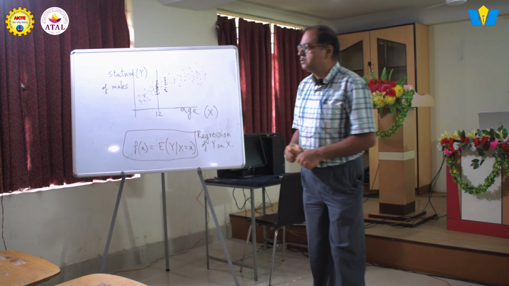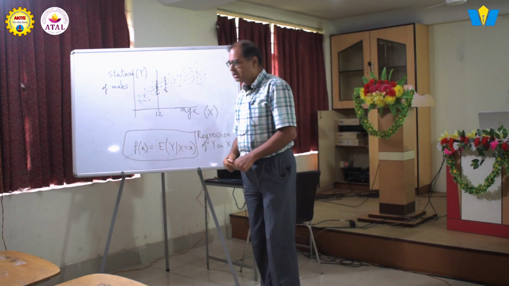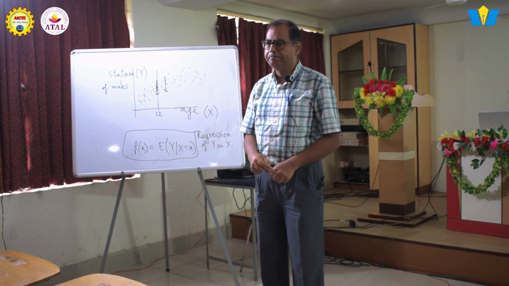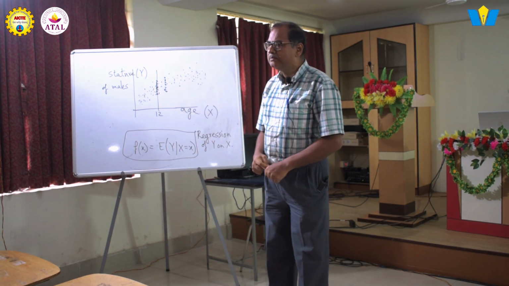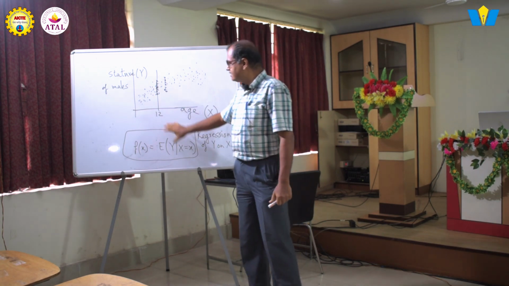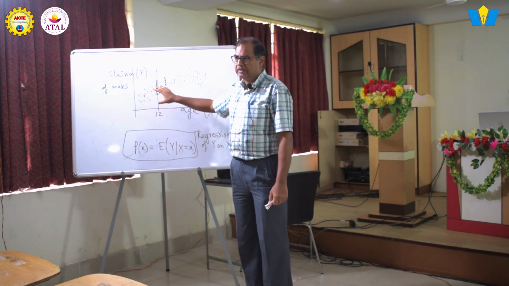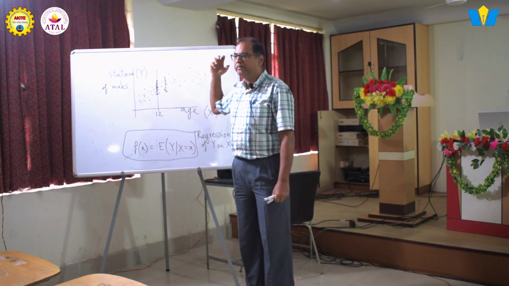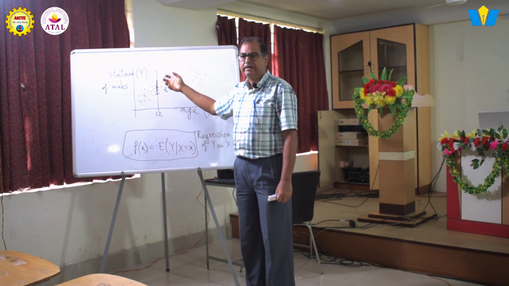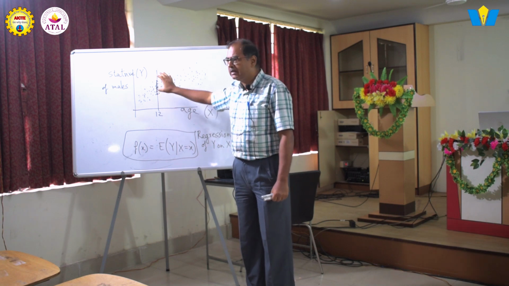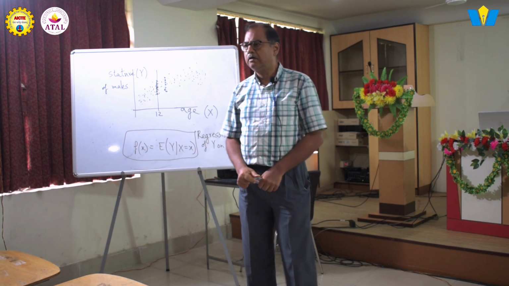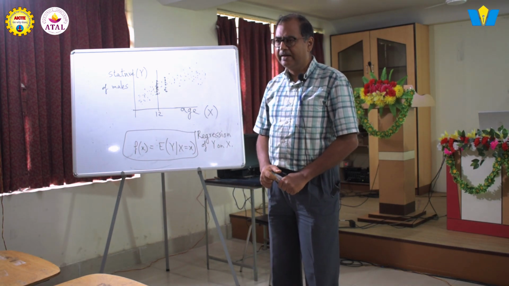Now, once you know that this is the regression of y on x, there are several questions that come up. I was able to give a nice answer to this because the data was of this type, that for many 12-year-olds we had the height data, so we can say what is the average height or a typical height.